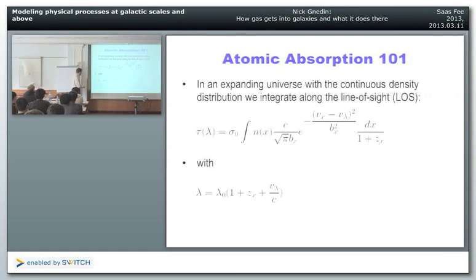So the wavelength of Lyman alpha is 1216, then there's a redshift at the position of x plus the peculiar velocity of atoms at the position of x. So at some distance from us, the universe expands with redshift z, but then atoms also move back and forth. So we have these two contributions to the redshift: the cosmological redshift and the local Doppler effect.